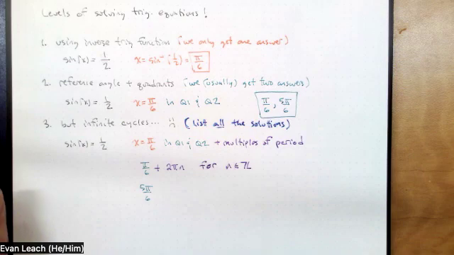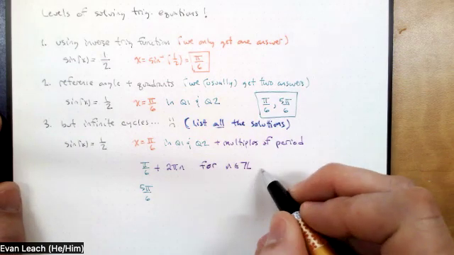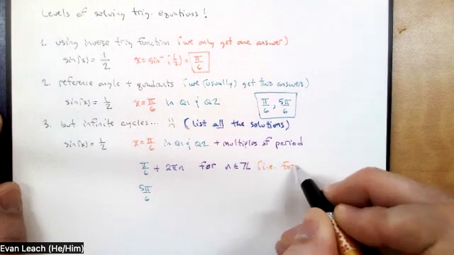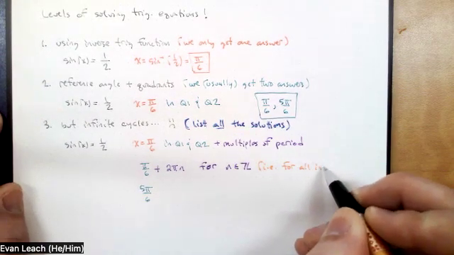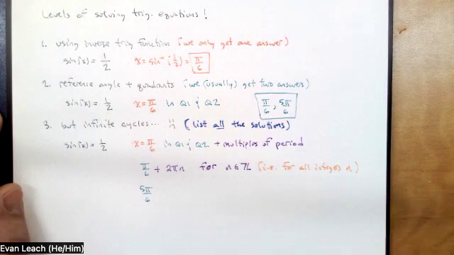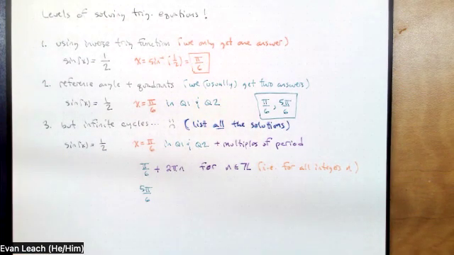So this is how we'll say for all integers n. This is us adding 1 full period, 2 periods, 3 periods, 4 periods, 5 periods, and so on.